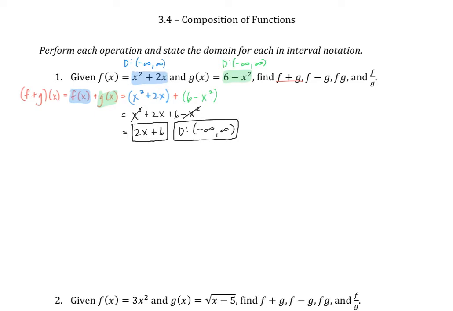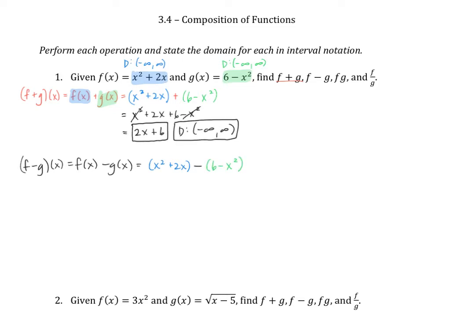Now let's do the subtraction. So we want to subtract f minus g, which means we'll do f of x minus g of x. F of x is x squared plus 2x minus g of x, which is 6 minus x squared.